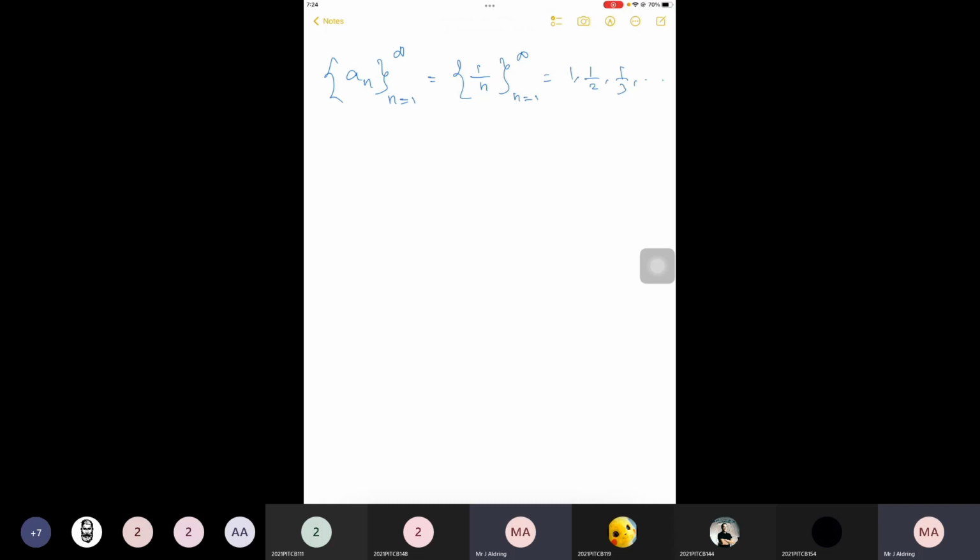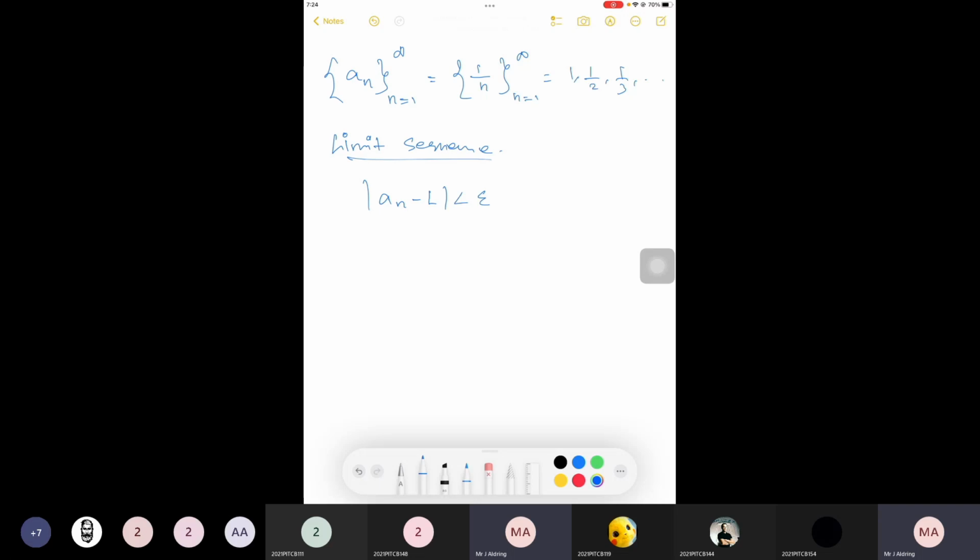The limit of the sequence: you can see the limit of the sequence. Suppose n tends to infinity, then you may consider capital L if the modulus of a_n minus L is less than epsilon.